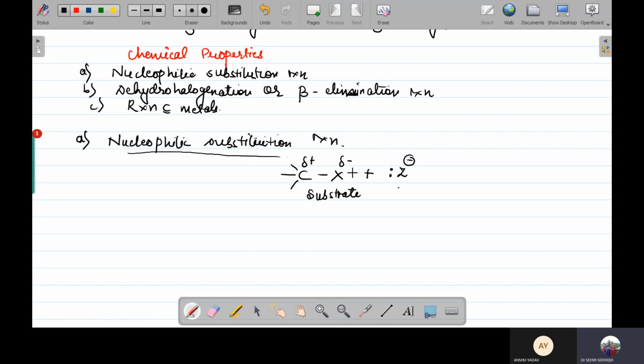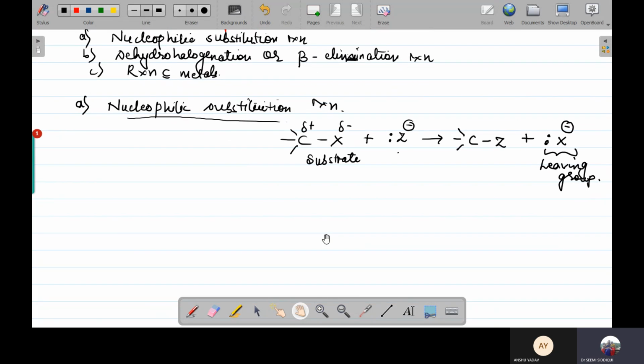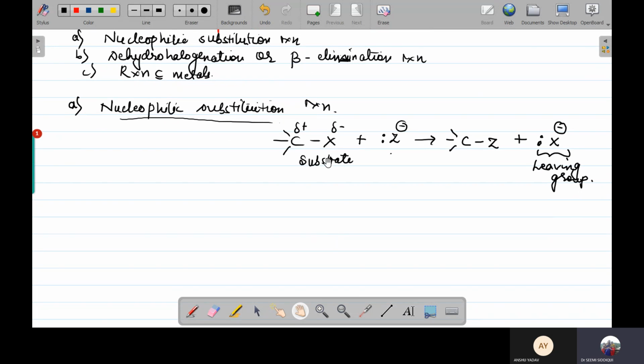Therefore, the displacement of the weaker nucleophile, that is the halide ion, is going to take place. The nucleophile is going to come over here and the halide ion is going to be displaced, meaning it is called a leaving group. Now let's recap all our nucleophilic substitution reactions.